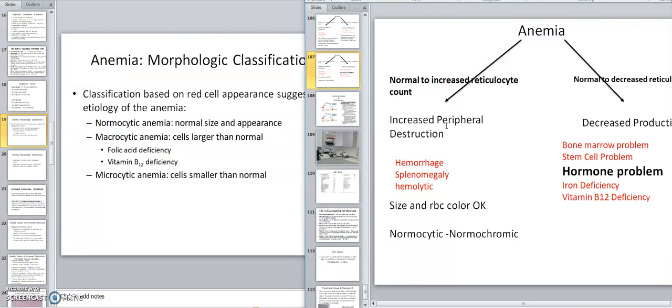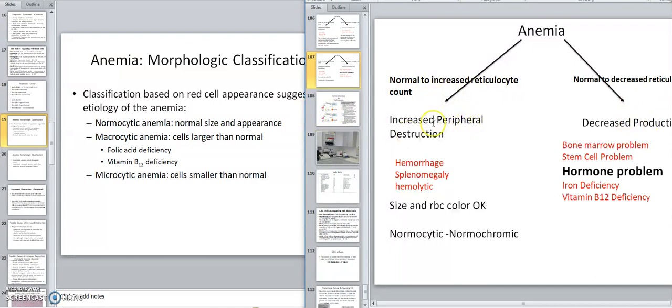If the reticulocyte count is normal to down, that means you're not making enough reticulocytes because you have decreased production. So if the reticulocyte count is increased, it's generally going to be increased peripheral destruction. If it's decreased, decreased production.